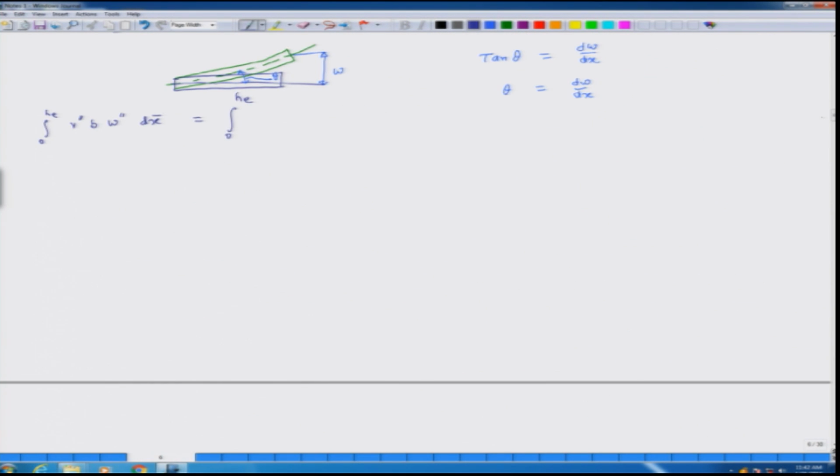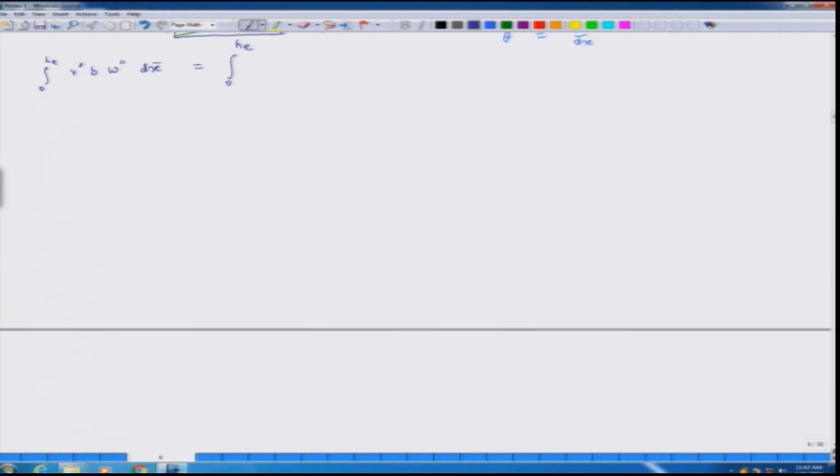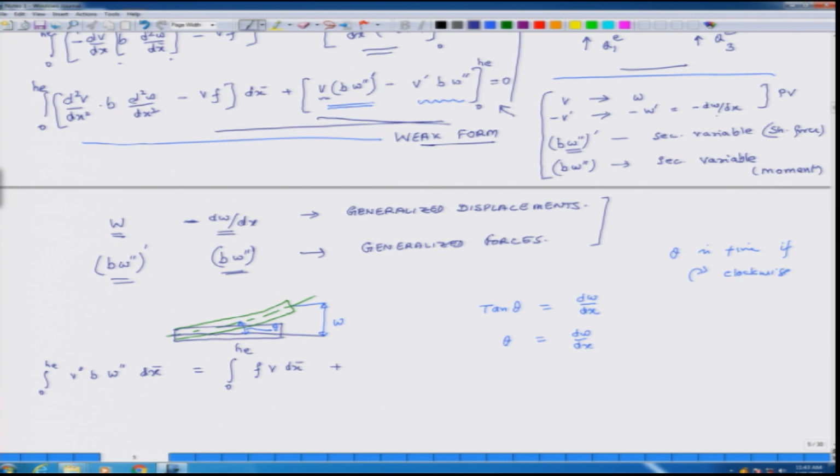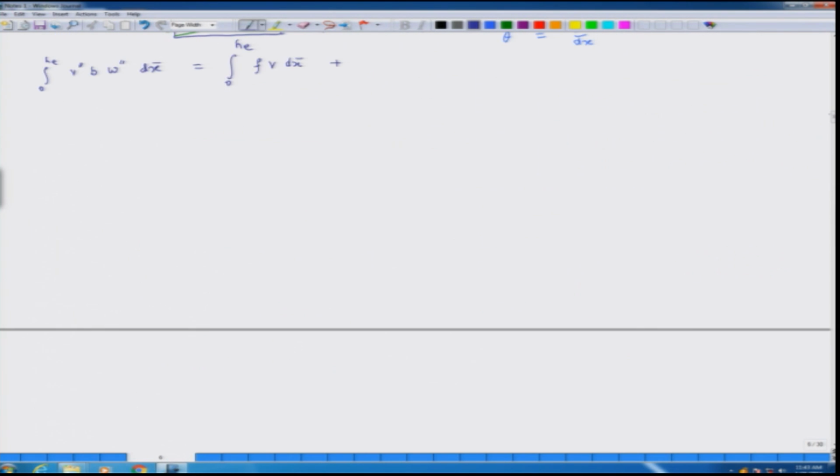So, going back, I am going to rewrite this equation. So, this equals integral of fv dx bar plus, and what I am going to do is all these boundary terms I am going to open this bracket and I will explicitly write down all the boundary terms.